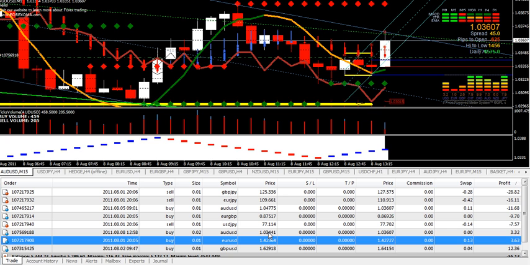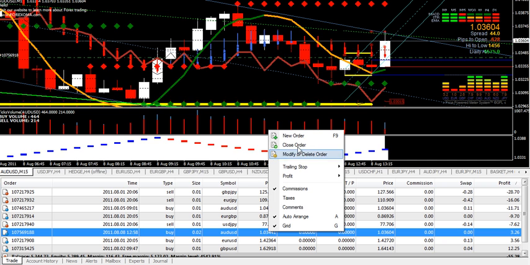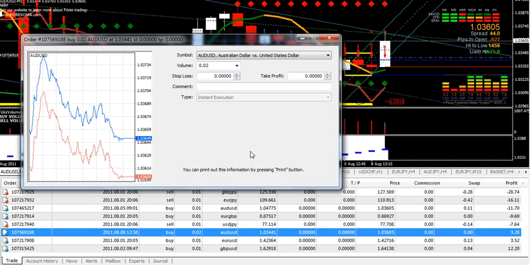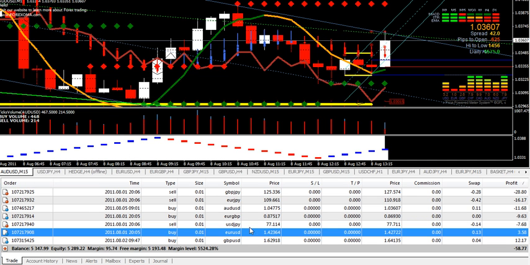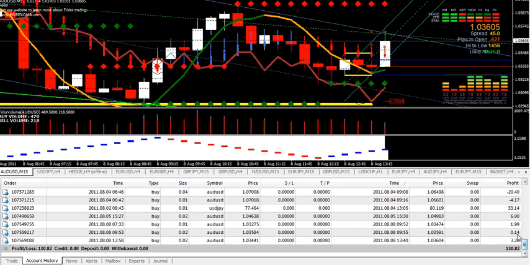So if we went and took one off now, and we will do that, close the order on one. We closed it on two, but it was my mistake, I meant to close it on one, and you can go back into the history and see that that trade was completed.